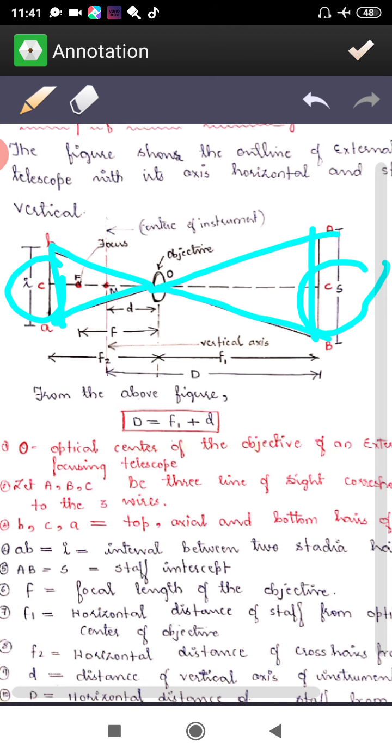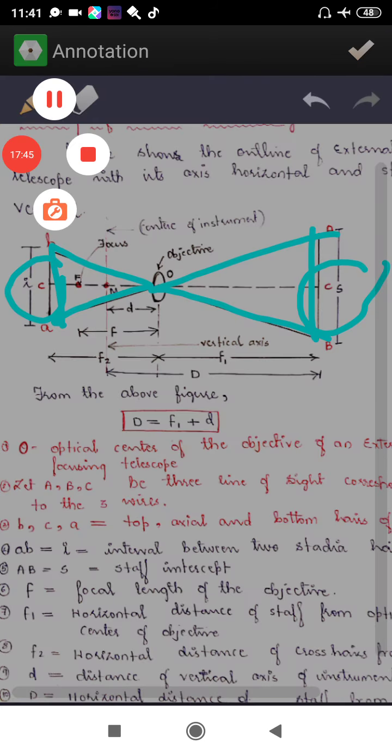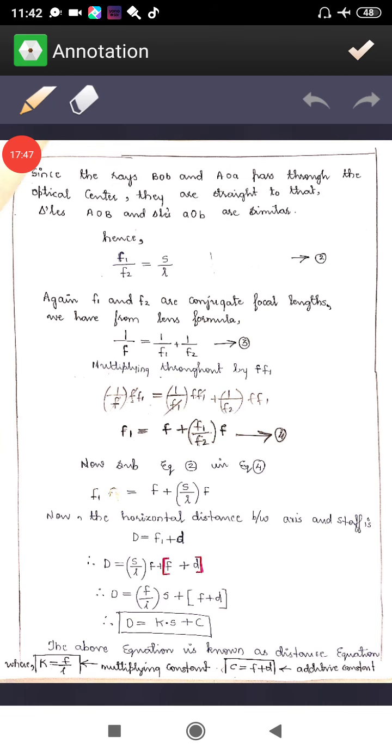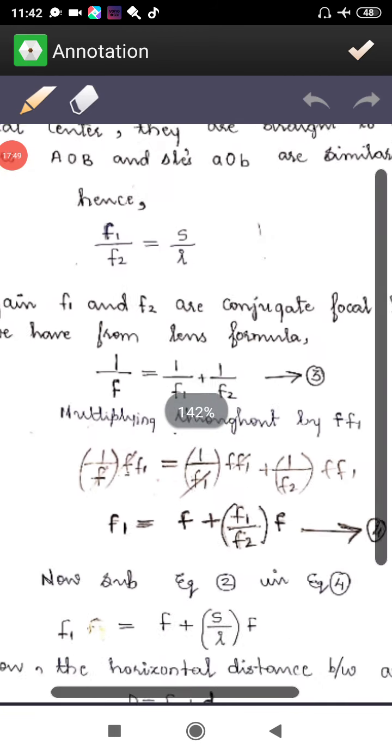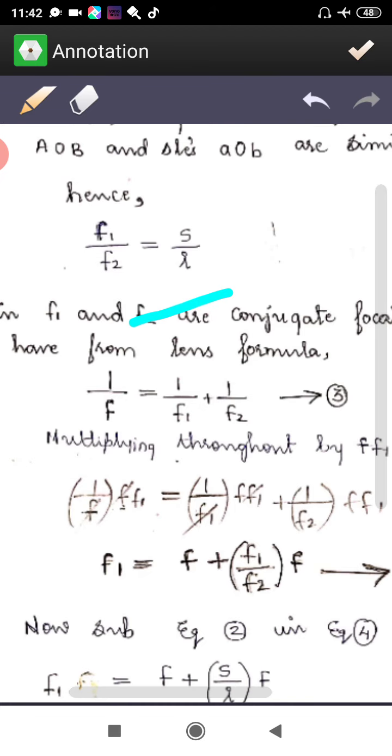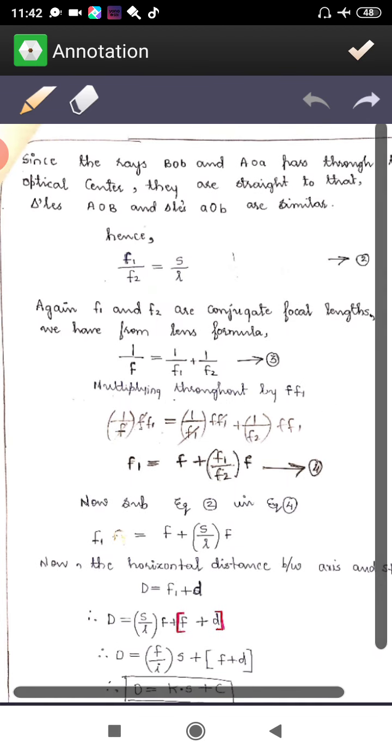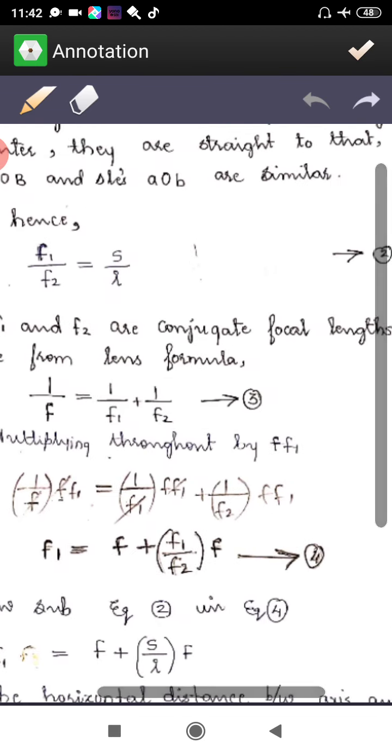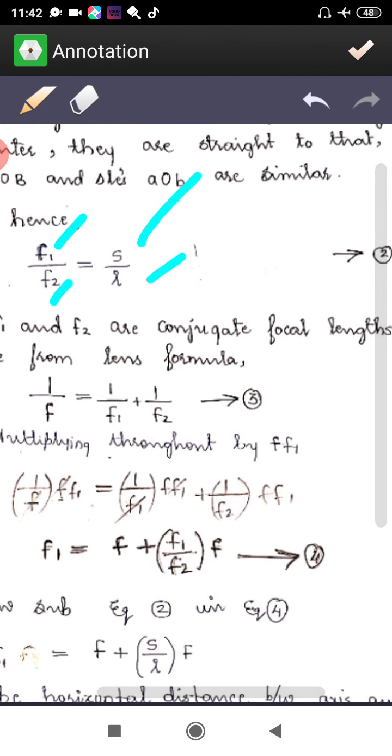So you can have F1 divided by F2 equals S divided by I. Now if you come here, we are going to consider F1 divided by F2 equals S divided by I as equation 2, whereas D is equal to F1 plus d, that we are going to consider as equation 1.